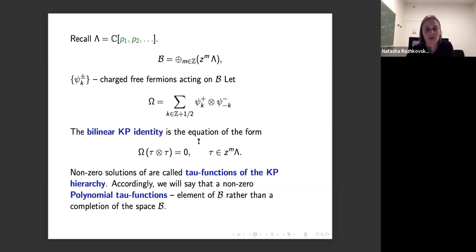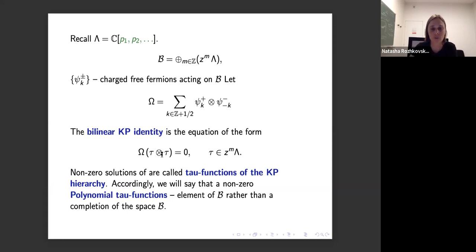We can apply this to a tensor square of some element from symmetric functions, and check whether we get 0. So we can look at this kind of equation. This is called the bilinear KP identity because it corresponds to the KP hierarchy.